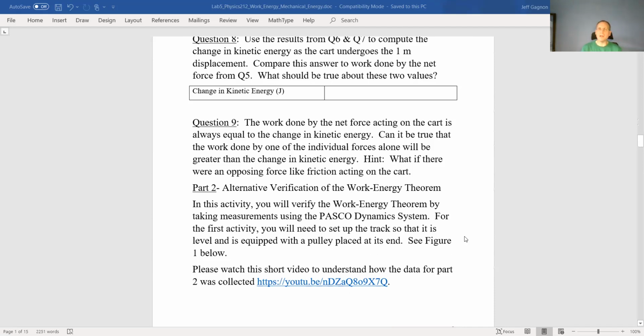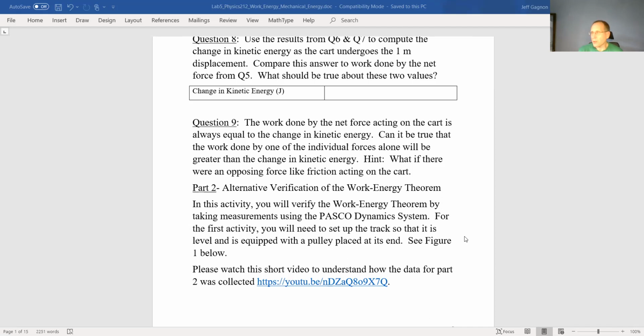Question 9, I want you to think about a little bit. It says the work done by the net force acting on the cart is always equal to the change in kinetic energy. So that's true. Can it be true that the work done by one of the individual forces alone will be greater than the change in kinetic energy? My hint is, what if you have multiple forces acting?